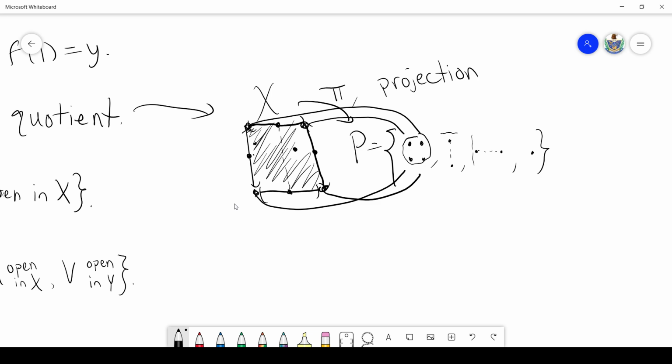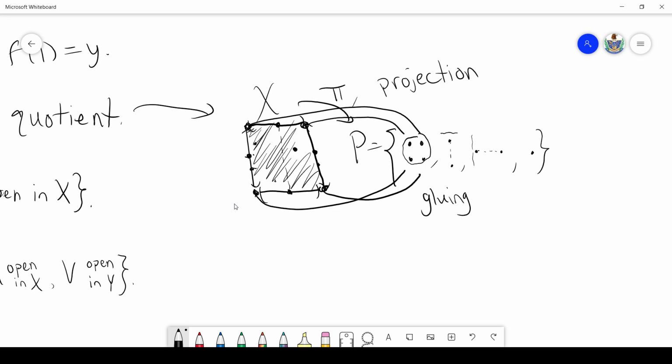So what we're doing is essentially gluing together X, right? We're saying, okay, these 4 points are now the same, and these 2 points are the same, and these 2 points are the same. We're essentially saying that these 2 edges are the same, and these 2 edges are the same.